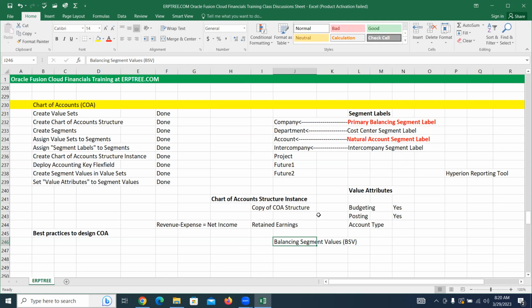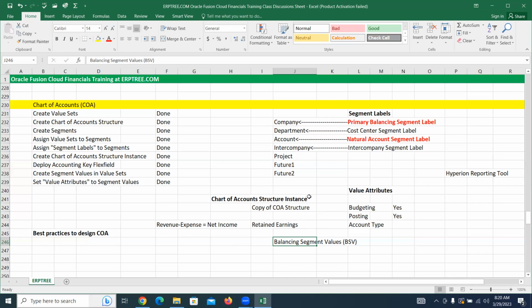Do you think department values are balancing segment values? No. Which segment values are balancing segment values? Company. Which is our balancing segment? Where we have assigned the primary balancing segment label. That's it. That is a proper answer.